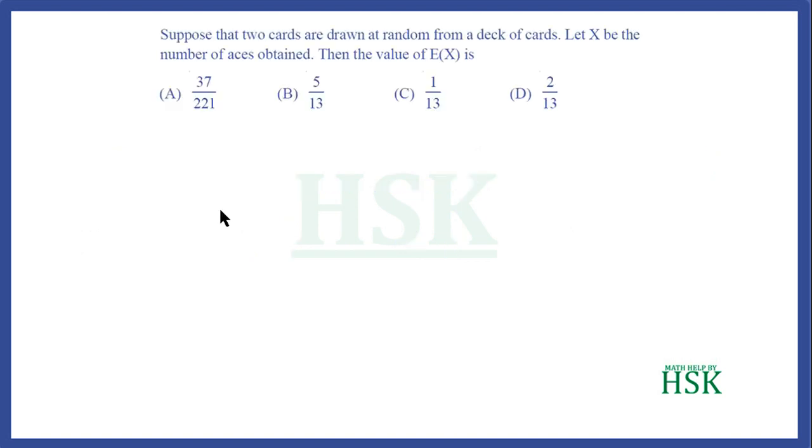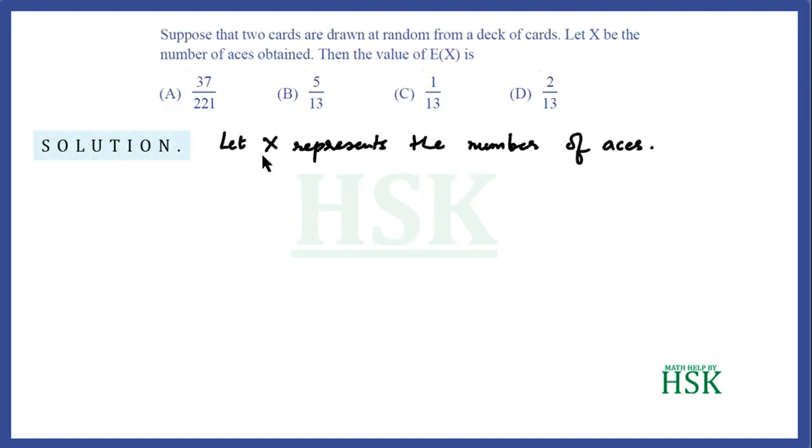Now to solve this question, first of all, let X represent the number of aces. Then X can take the value 0, 1 or 2, because when two cards are drawn from a deck of cards, we can get 0 aces, 1 ace or 2 aces.